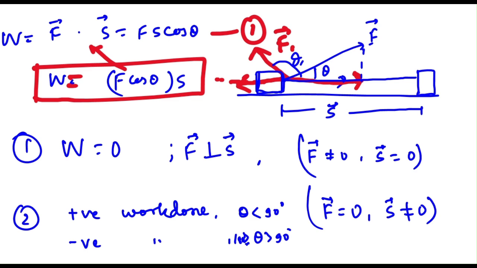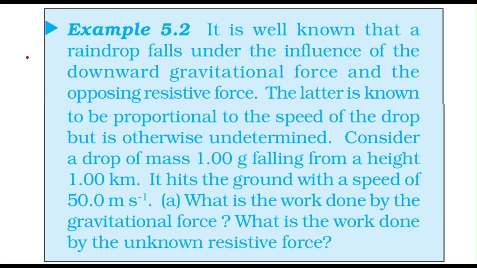Okay, now moving to one more example. Here we have the example. It is well known that a raindrop falls under the influence of the downward gravitational force and the opposing resistive force. I'm just explaining what the situation is here. So suppose a raindrop starts falling.